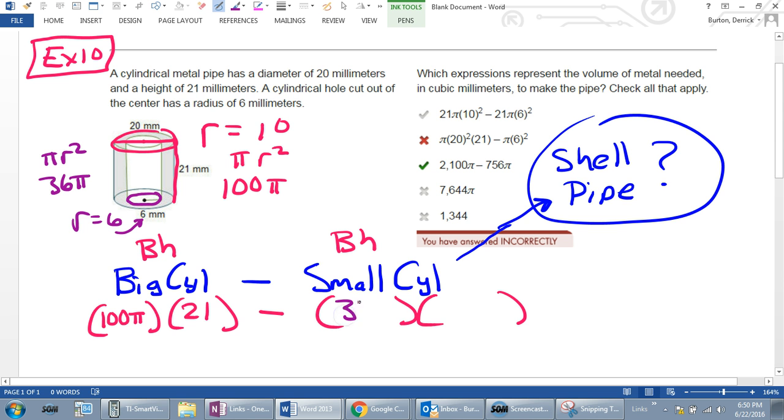So the area of the small base is 36 pi. Are you still with me? So we needed area of the base times the height. Well, the height of the small cylinder is the same as the height of the big cylinder, because it's just a hole going through the same length. So it's still 21.